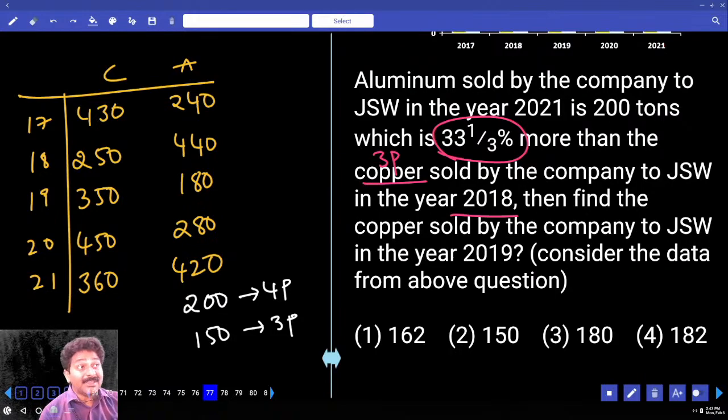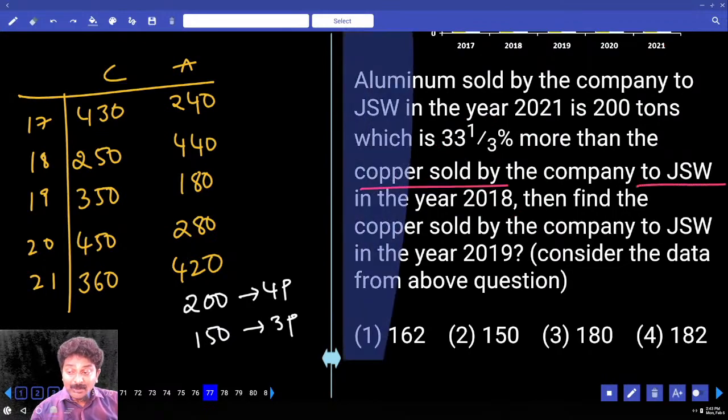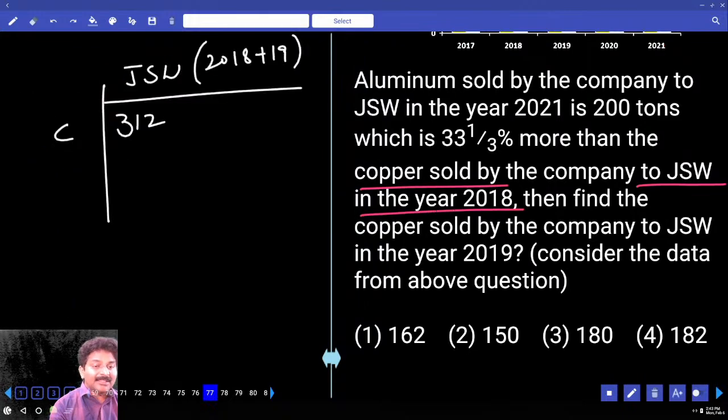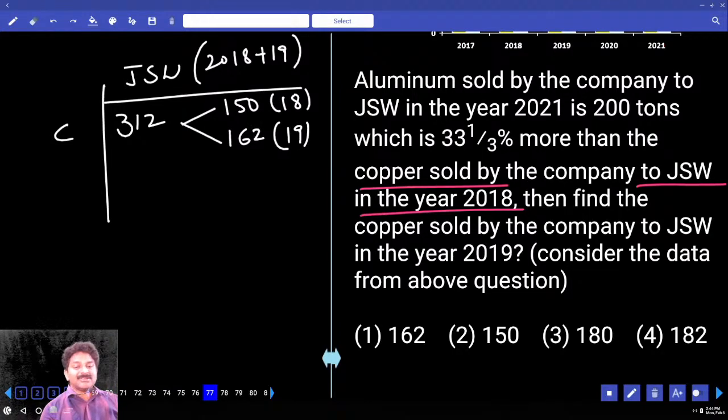Then 3 parts is equal to 150 tons. What is 150? Copper sold by the company to JSW in the year 2018. In the year 2018 and 19 both together, copper sold was 312, out of which 150 tons in the year 2018, then the remaining 162 tons must be in the year 2019.